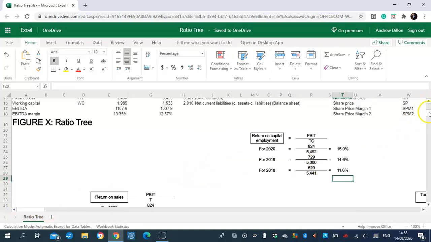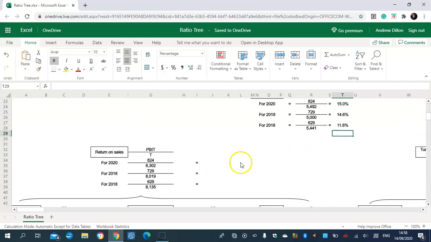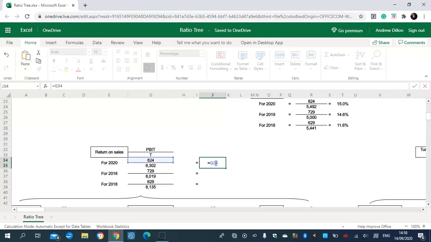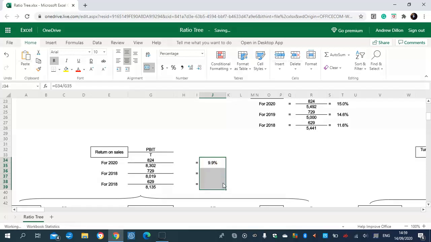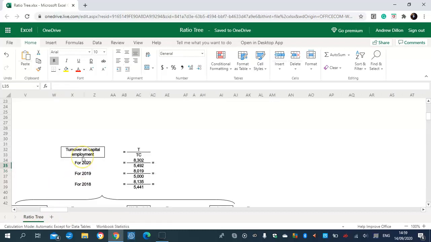So that's very good. So now the next three we're going to calculate for the ratio is return on sales. .09%. Okay, now we're going to move on to the turnover on capital employed.